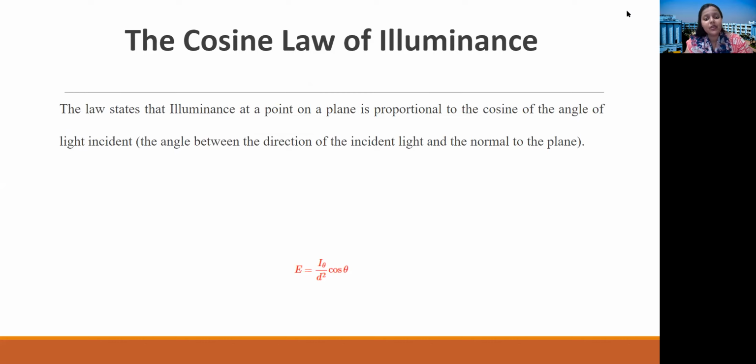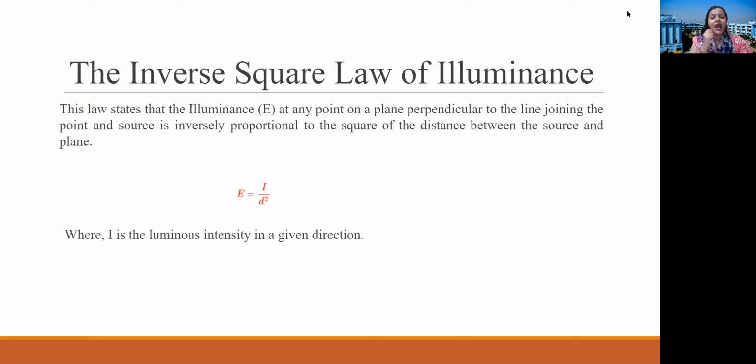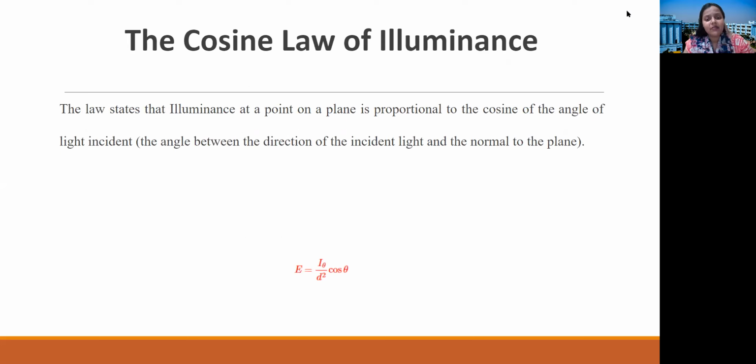Now if we combine these two laws, we have E equals I by d square, and E is proportional to cos theta. So the law of illumination can be stated as E equals I by d square into cos theta.